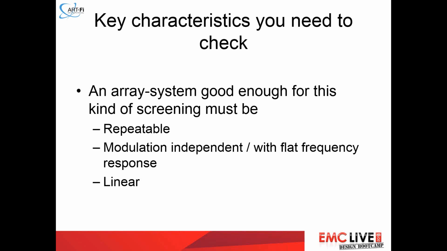And if you want to rank one mode with respect to the other, then the system has to be modulation independent, basically. And also, of course, when you want a good power meter, and that's how we use the system here, you want it to be linear. Otherwise, you cannot really measure anything.